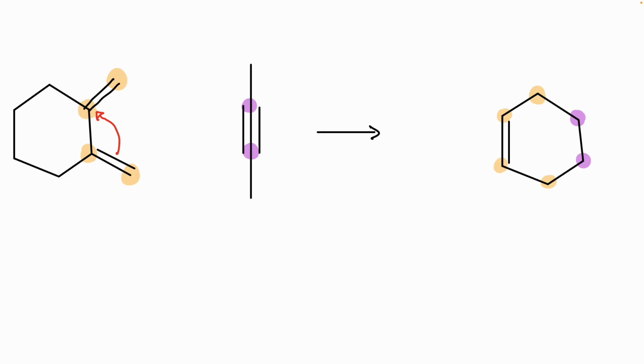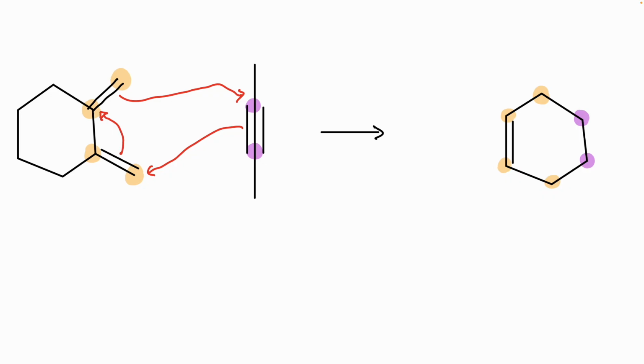But if we finish out our mechanism here, what we're going to see is it's only one of those pi bonds in my alkyne that is reacting to form a new sigma bond. So I'm still going to have one left over. That's the big difference of using an alkyne as your dienophile. We're going to retain one of those pi bonds in our product.